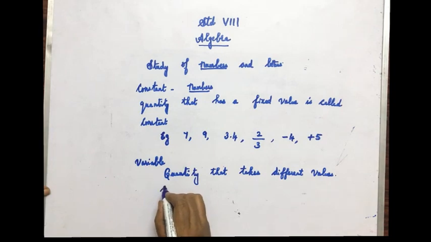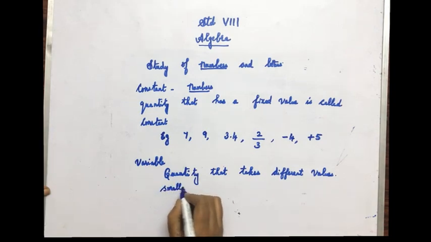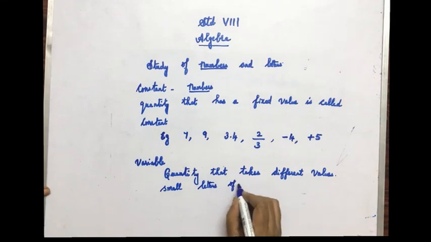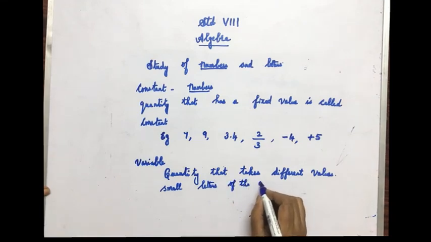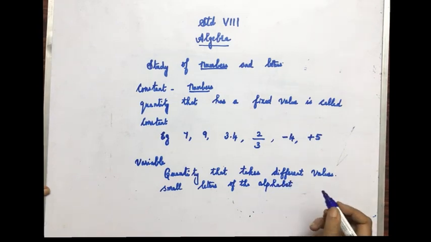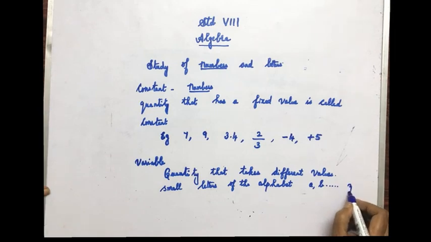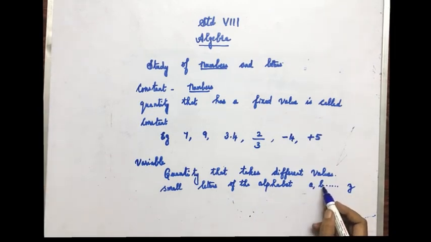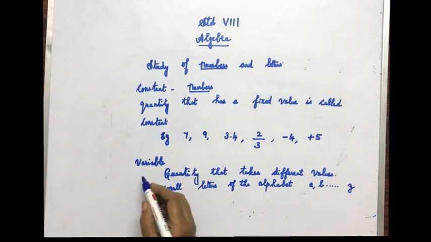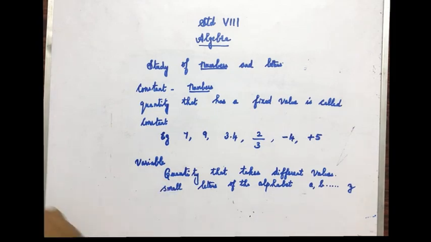And small letters of the alphabet are used to represent variables. Now which are the small letters of the alphabet? a, b, c, etc. till z. So here the small letter a can take any value, b can take any value, z can take any value. So the value is not fixed here. So we call it a variable.